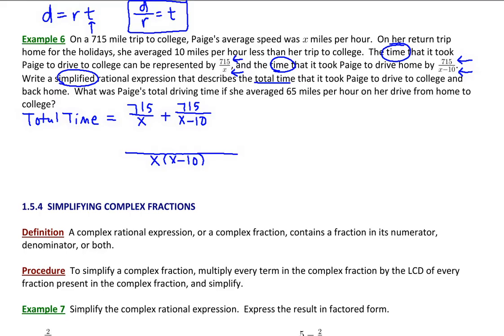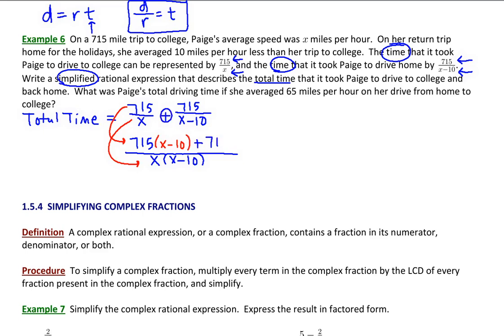So our original first numerator was 715. And notice from the old denominator to the new denominator, we multiplied by x minus 10. So I want to apply that x minus 10 to this numerator as well. Now I'm going to go ahead and write that operation plus in between the two numerators right here in the top.